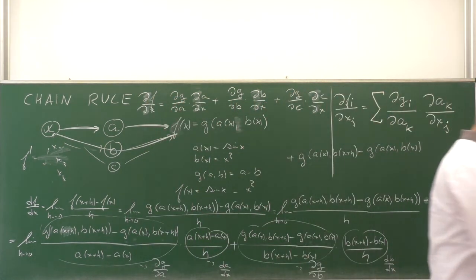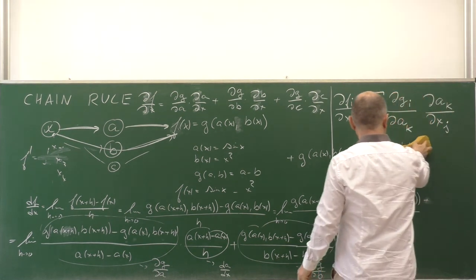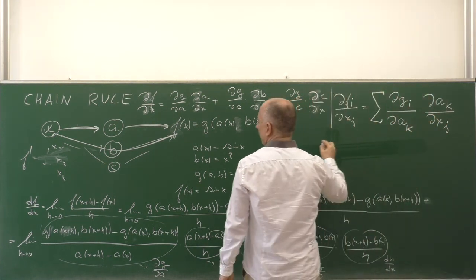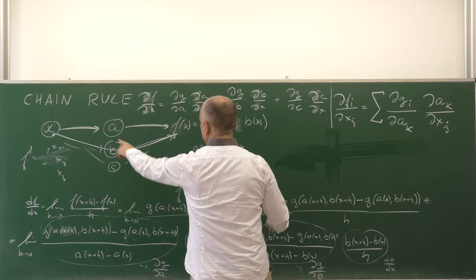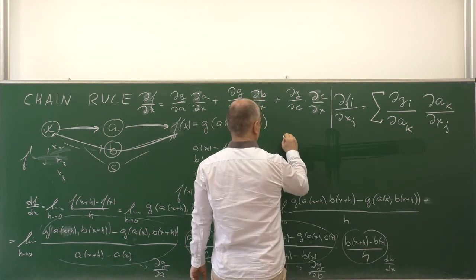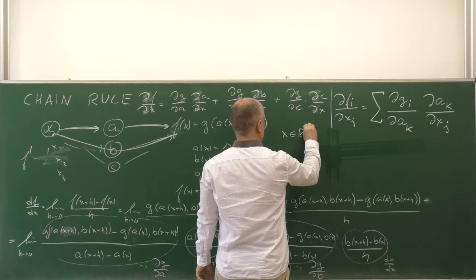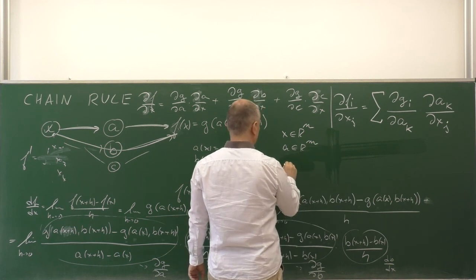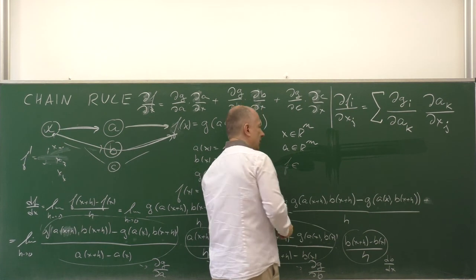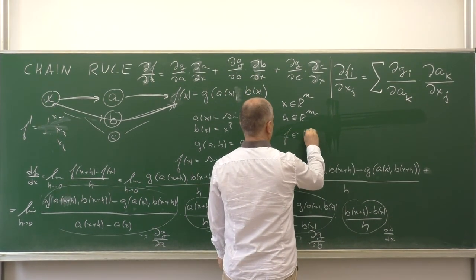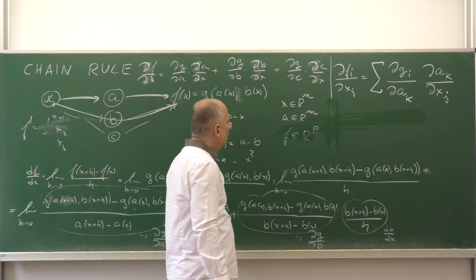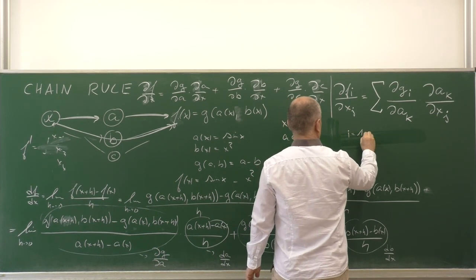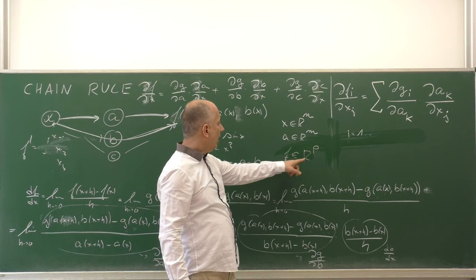And when we have, say, X from R^n, A from R^m, and F and G from, say, R^m to R^p, then i is an integer between 1 and p.